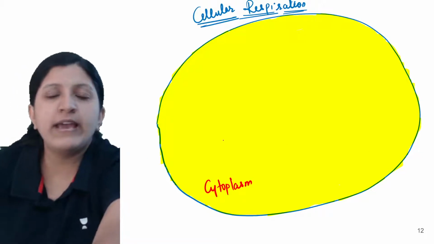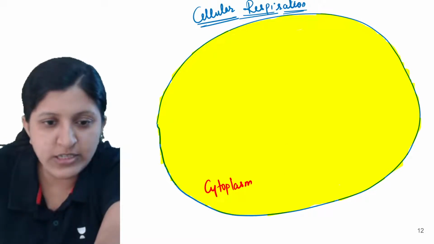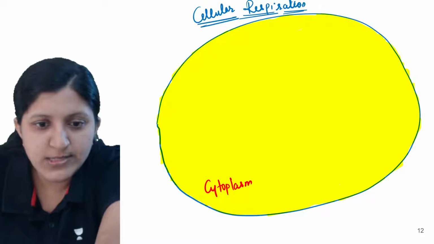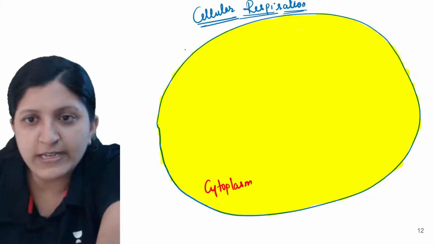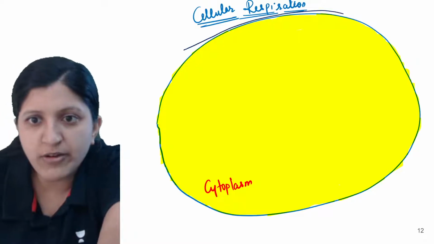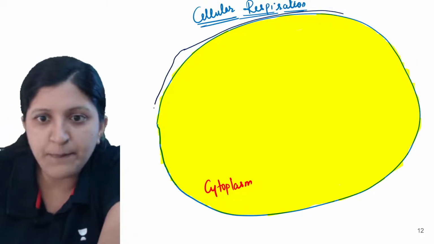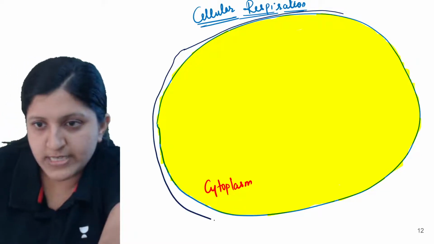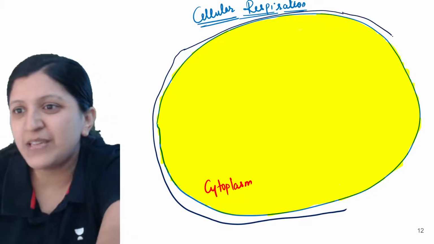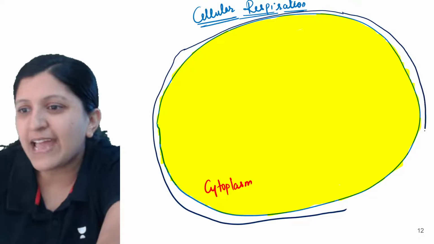And now I have to draw, actually since we are discussing the plant cell here, maybe I can draw one more covering for this. So that is the cell wall part. Okay, so I'll give one more cover for this so that it will be a plant cell. Since we are discussing respiration in plants, otherwise it would be an animal cell.